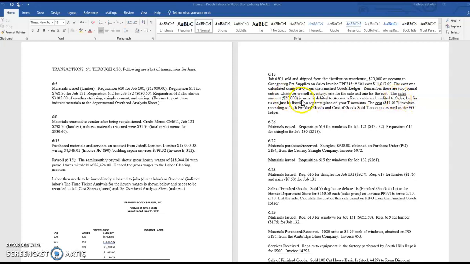The cost part of the journal entry would be a debit to cost of goods sold and a credit to finished goods inventory. We do have those two T accounts, so we'll make that happen. And of course, that cost will also have to go on a finished goods subsidiary ledger.